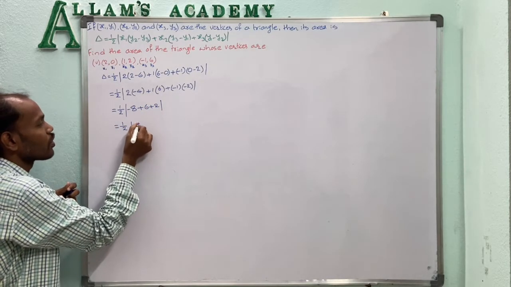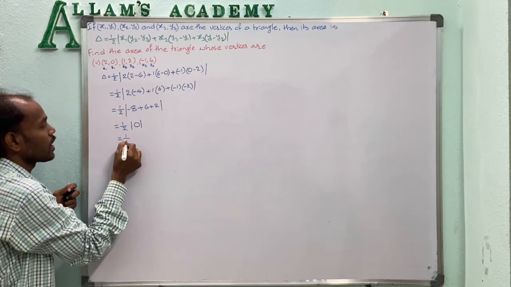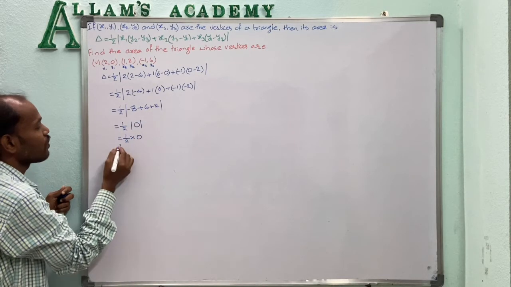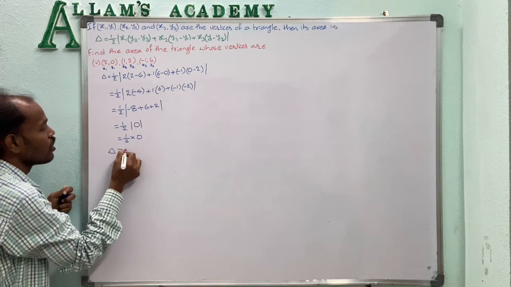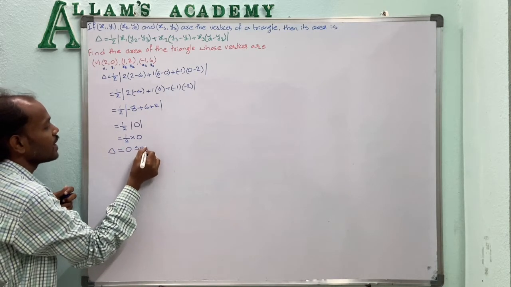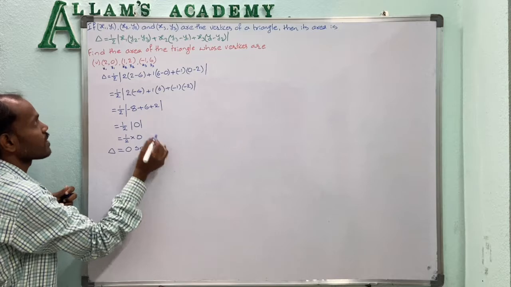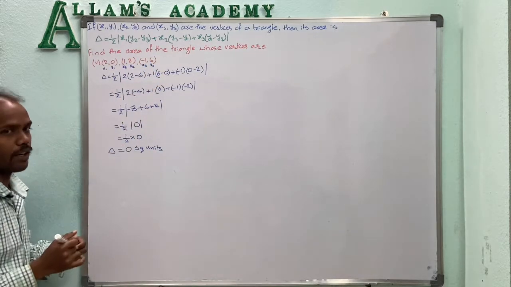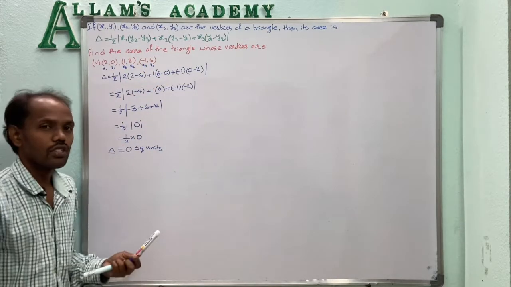So half into mod 0 is nothing but half into 0, which is equal to 0. So the area of the triangle with the vertices 2, 0, 1, 2 and minus 1, 6 is 0 square units.